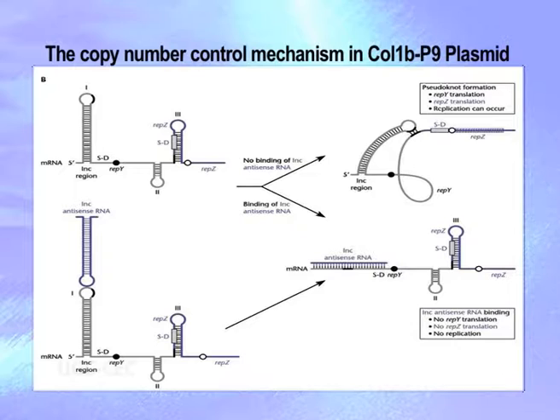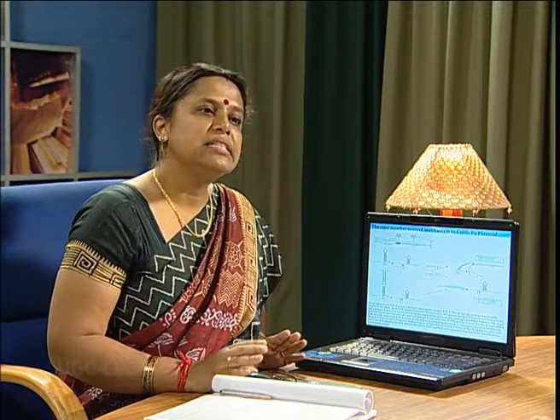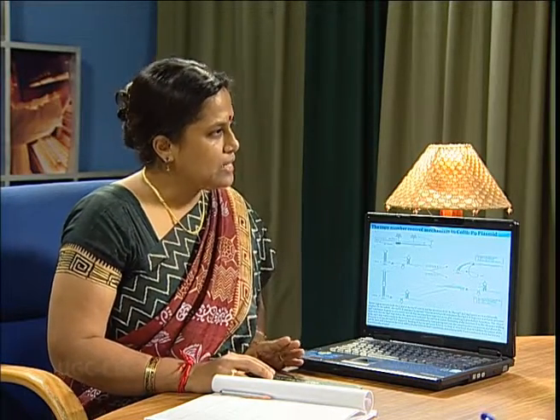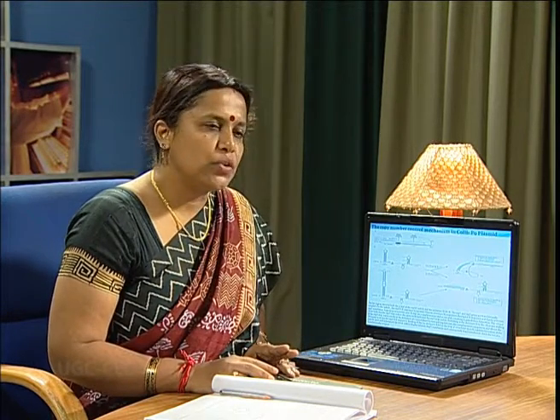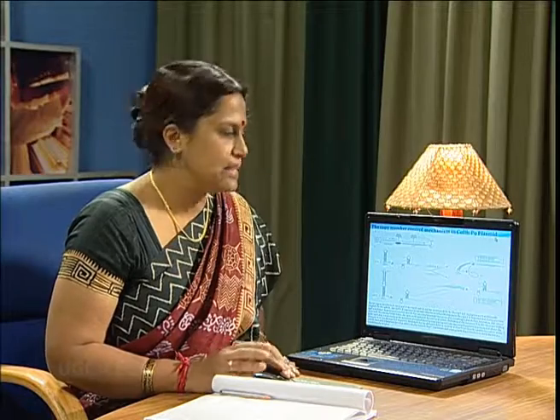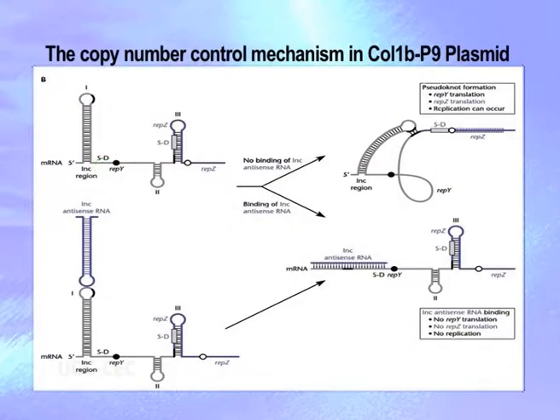So this system goes on until the cell or the plasmid reaches its desired copy number. Once it reaches its desired copy number, we will see that another stretch of antisense RNA, synthesized from the ink region, forms base pairs with structure 1 of the leader peptide.